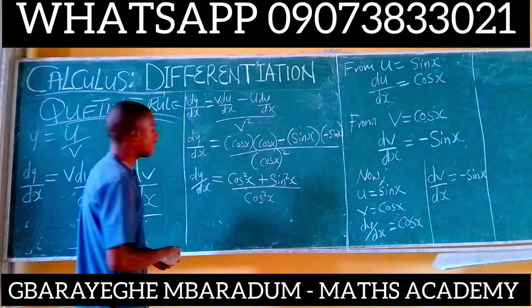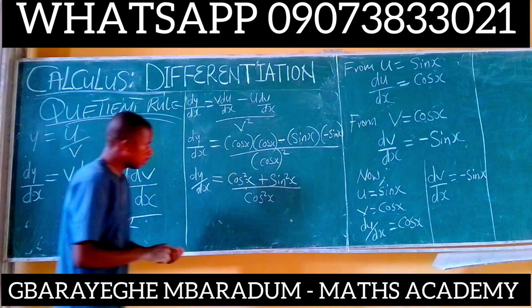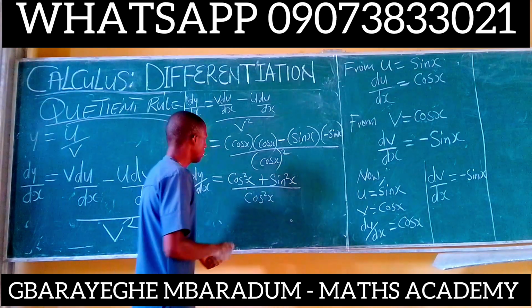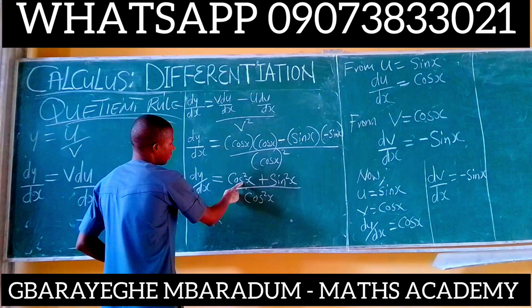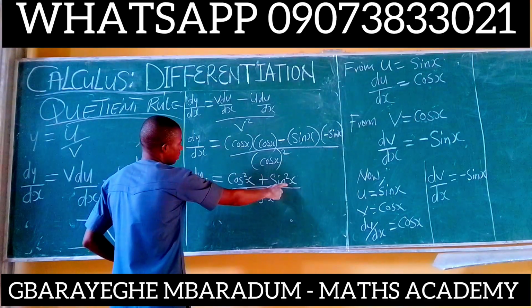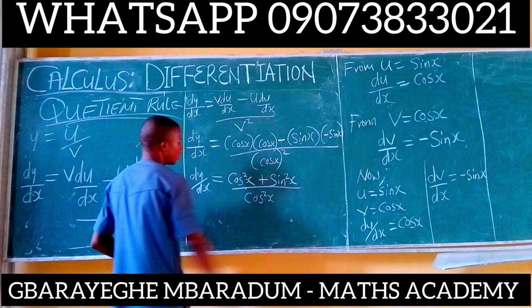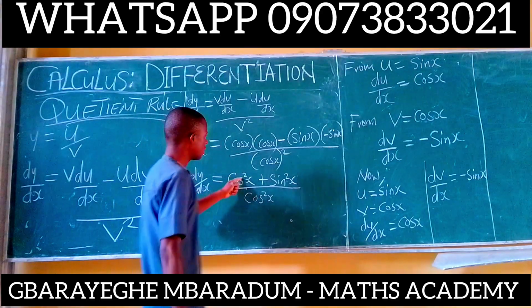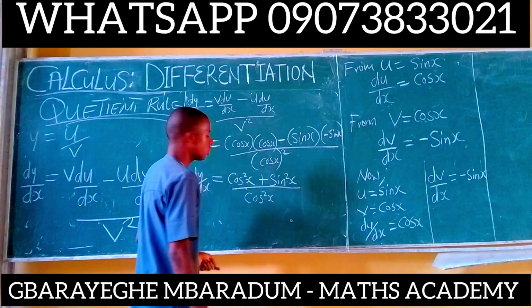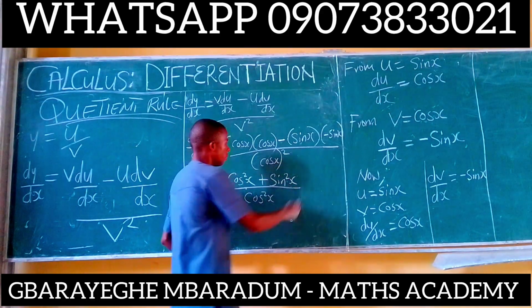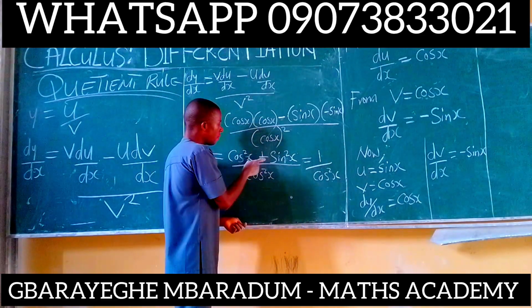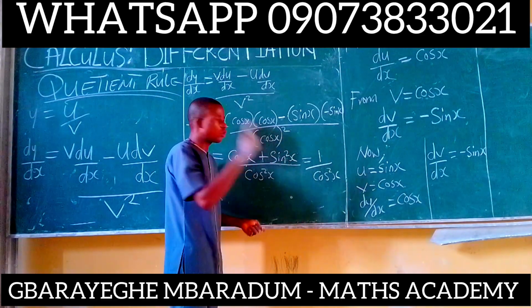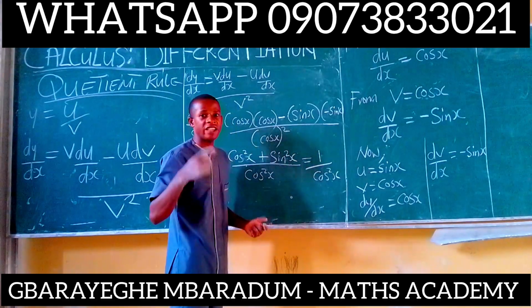At this point, you need to understand that cos square x plus sin square x equals 1 by trigonometric identity.